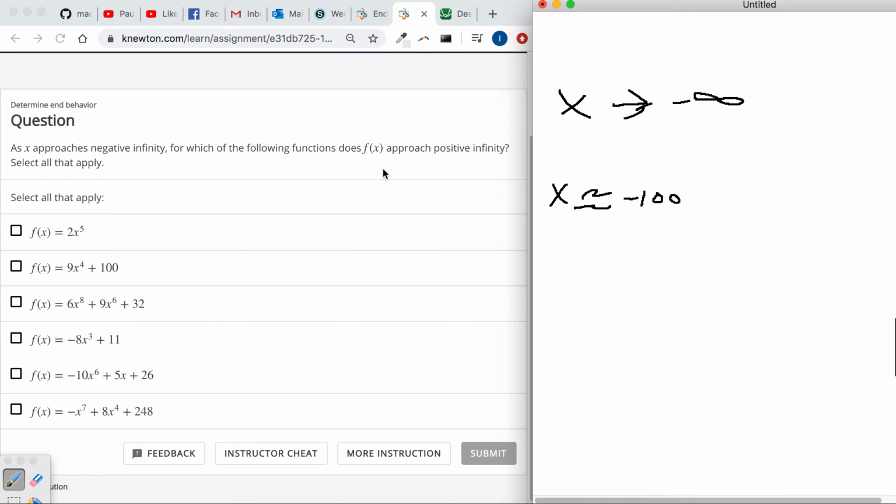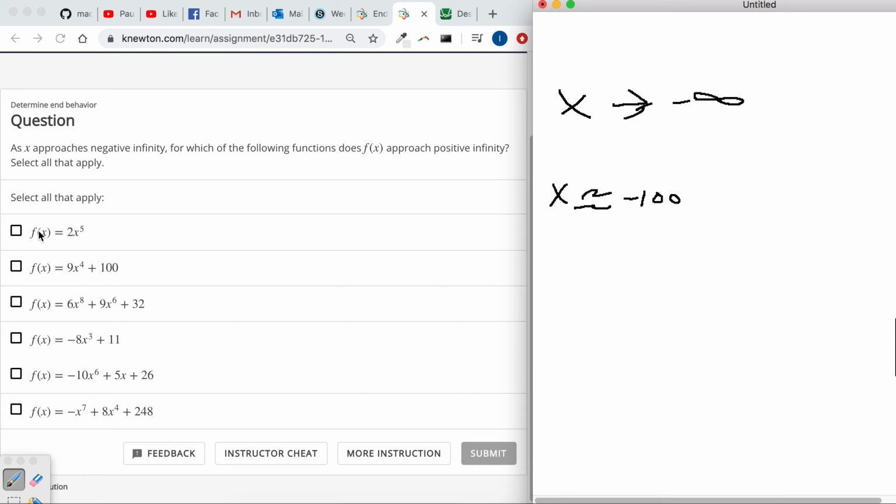Which of the following functions does f(x) approach positive infinity? The question is, if you plug in negative 100, which one gives you a really big positive number, going off to positive infinity? Plugging in negative 100 here, an odd degree exponent is still going to give you a negative number. A negative times a negative is a positive, times another negative is a negative, times another negative is a positive, and times one more negative gives you a negative.